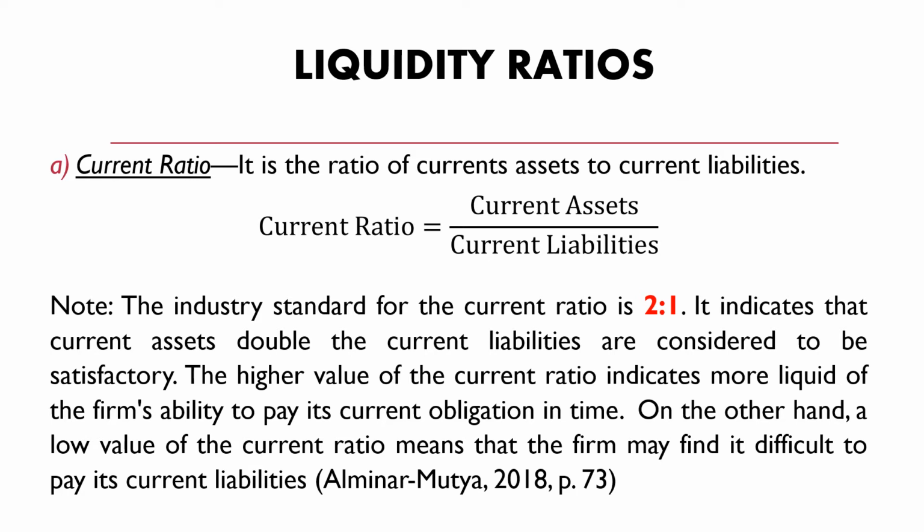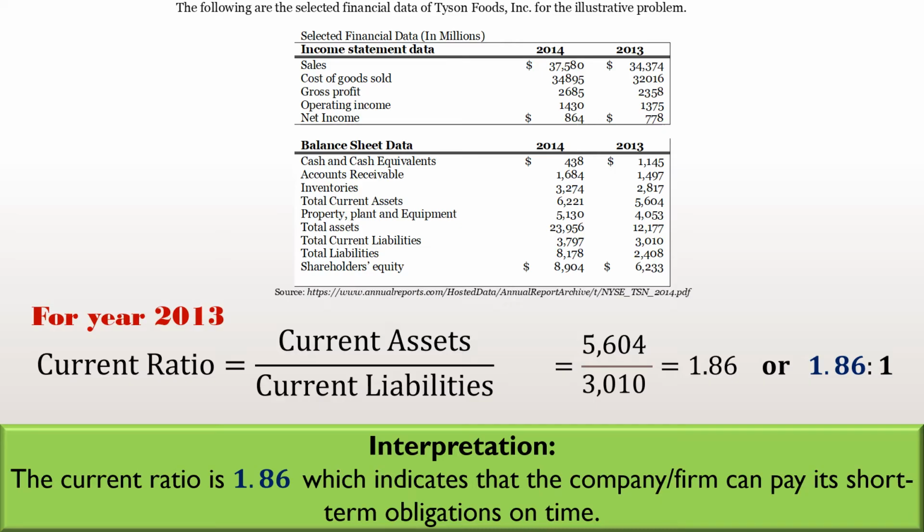pay its current liabilities. So here's an example on how to compute the current ratio using the financial data of Tyson Foods Incorporated. All we have to do is to find the quotient of current assets and current liabilities, which is 5,604 divided by 3,010, which will provide us the quotient of 1.86.